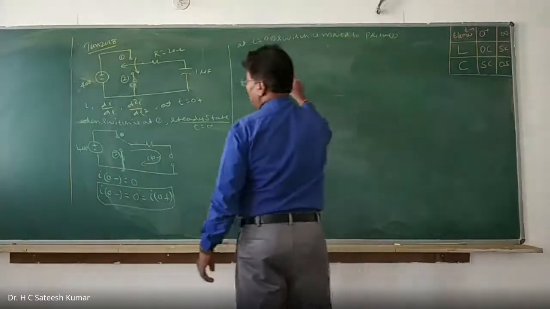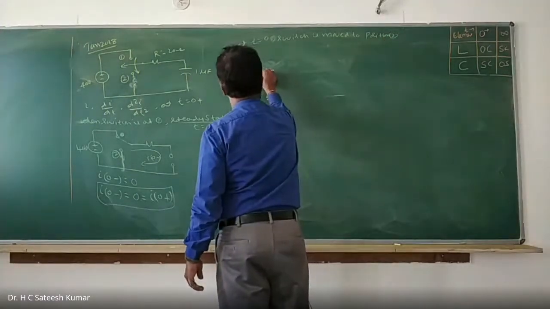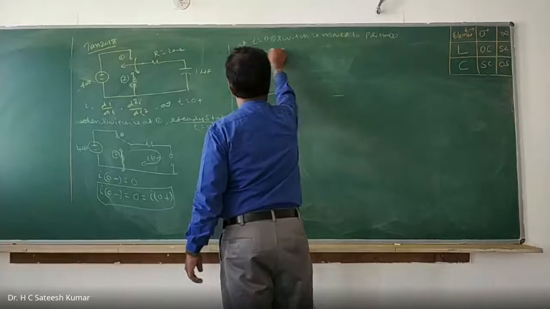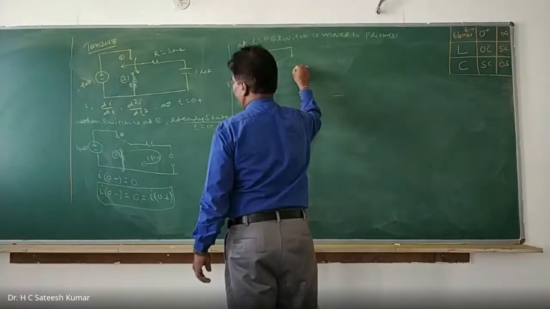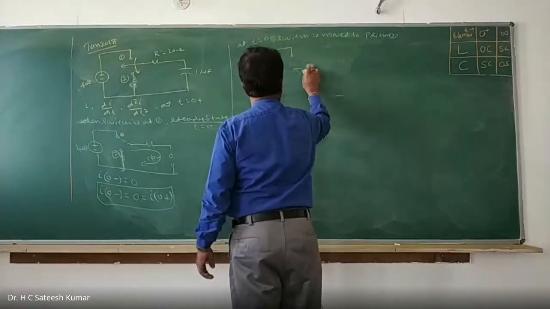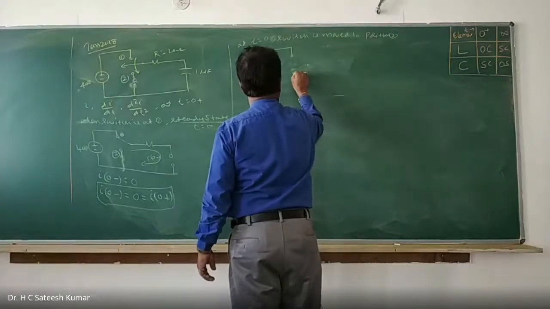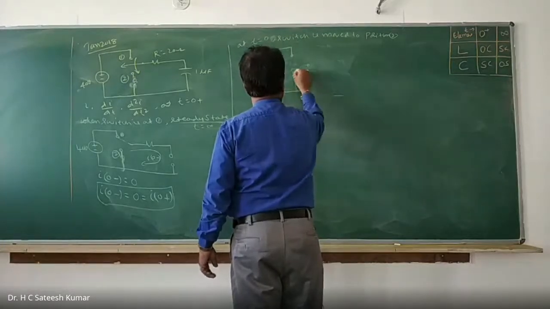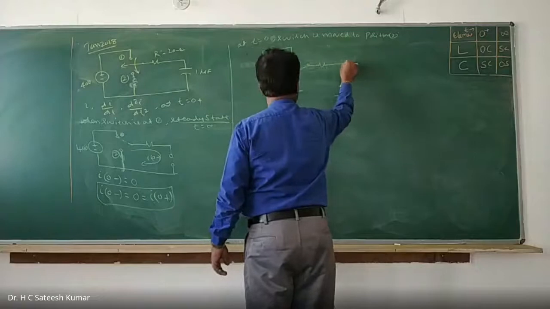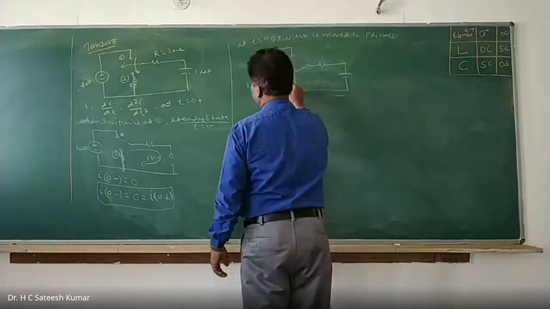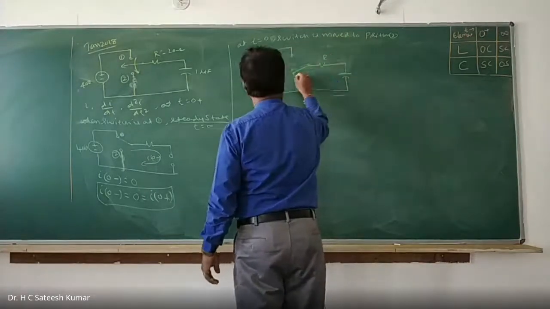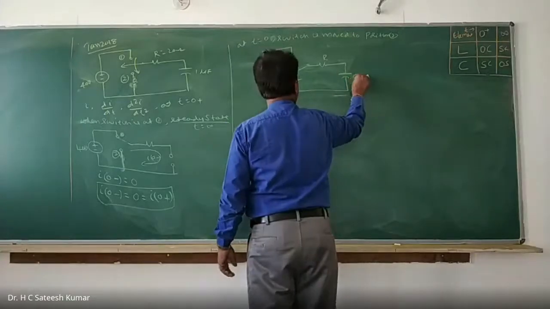Now what is that we have? We have one voltage source, plus minus, and R L C with current I of t.